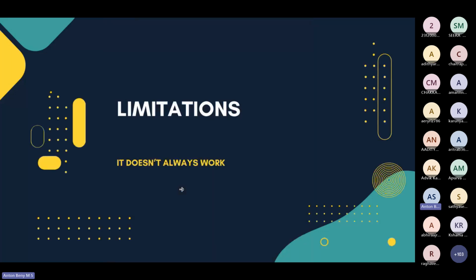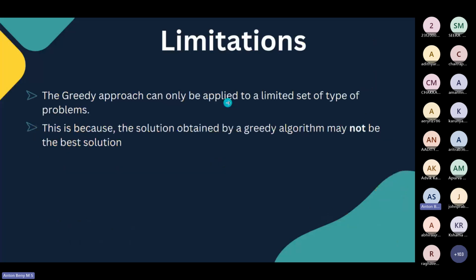So now that we've looked at a common example, we'll now look at the limitations of the greedy approach. It doesn't always work. That's because it can only be applied to a limited set of types of problems. So you can't apply the greedy algorithm to all the problems that you see in Codeforces.